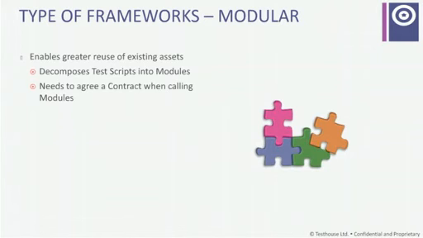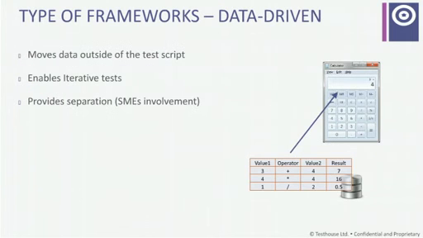Obviously, when you do this, you have to be careful that you define what we call a contract. So you define a sort of API or interface where you say, okay, the input will come that way, the output will be stored that way, or will go that way. So you need to have a common way of dealing with inputs and outputs. That's probably the most simple type of framework you can get.